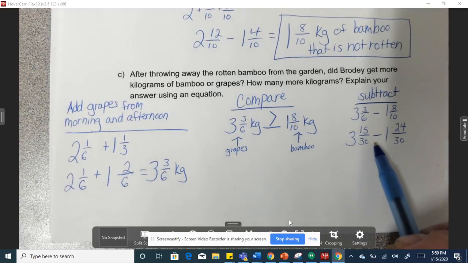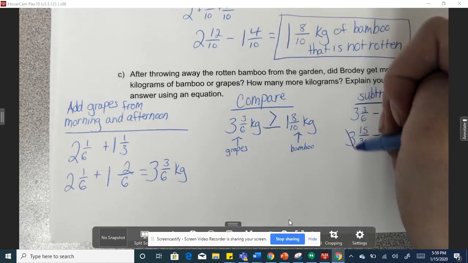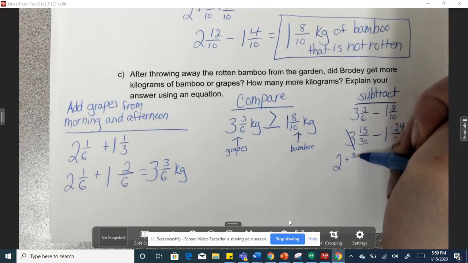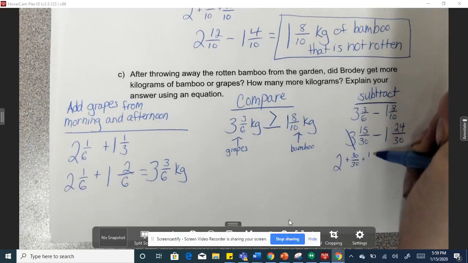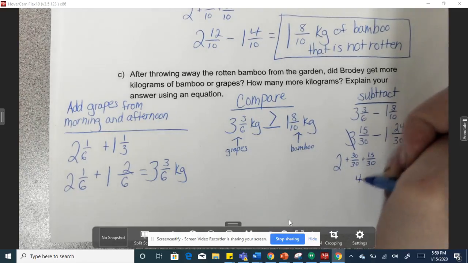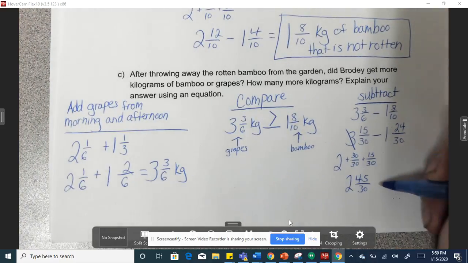Let's see. 15/30 minus 24/30 we can't do, so we need to borrow. We're going to write this as 2 plus 30/30 plus 15/30. Okay, 30/30 plus 15/30 is 45/30. And we have our 2 in front.